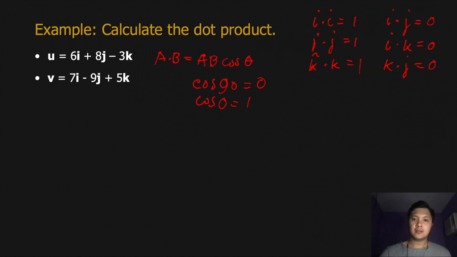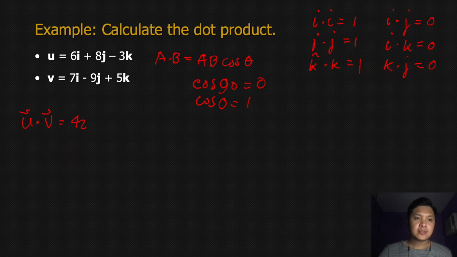Now, considering this, u dot v is equal to, okay, 6i and then 7i, so that is 42. 6 times 7 is 42. i dot i is 1, so we don't have to write 1 anymore.